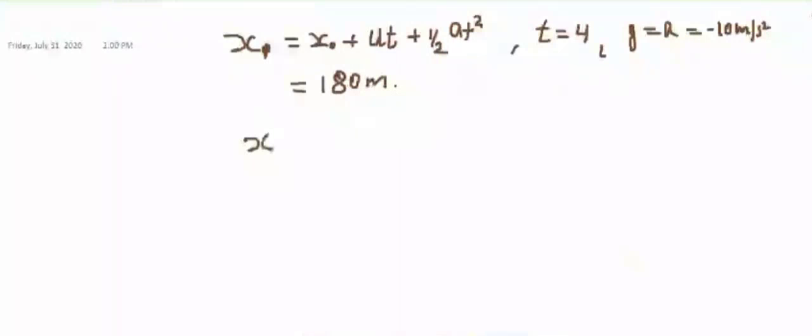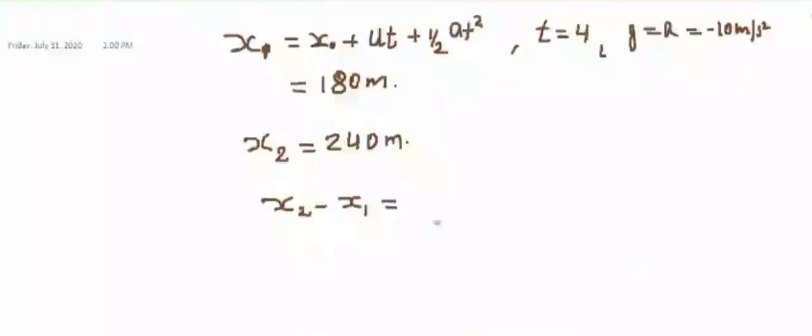Then next you calculate x2 using the same formula. You have to take u as 30, a as minus 10, x naught 200 again. So you will get the answer 240 meter. Now take x2 minus x1.